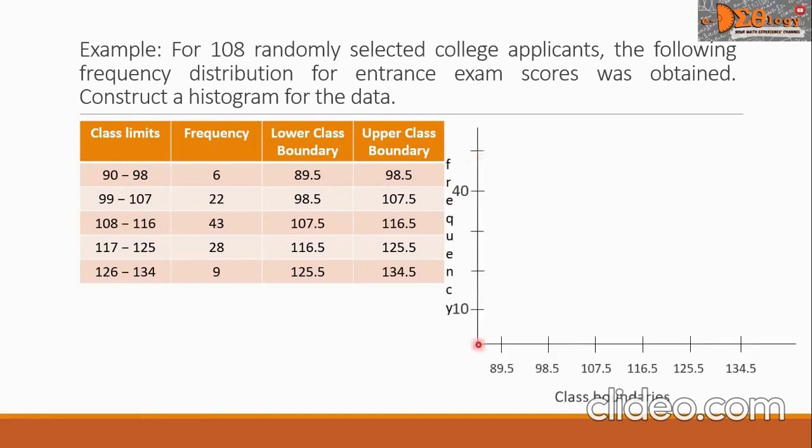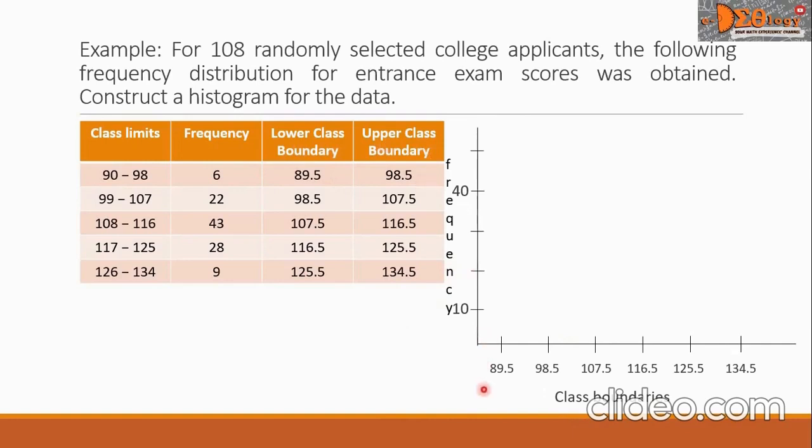First, let us draw the horizontal line and the vertical line here. In the horizontal line, we will write the class boundaries, and for the vertical line, we will write the frequency. Now let us describe the first class interval. Take note, the first class interval has lower class boundary of 89.5 and the upper class boundary is 98.5.